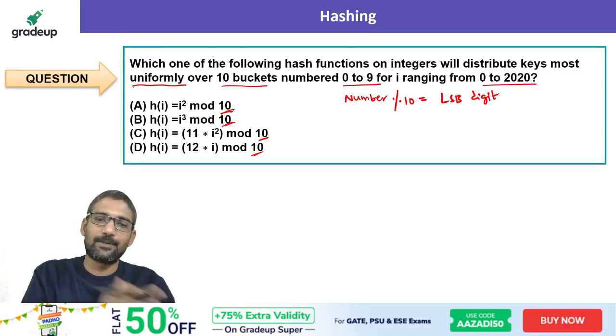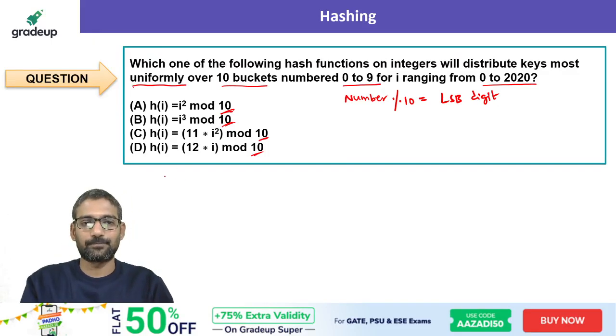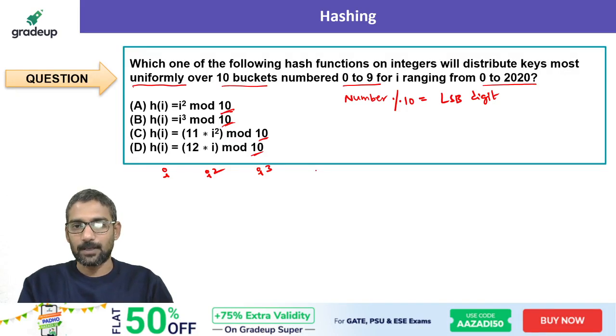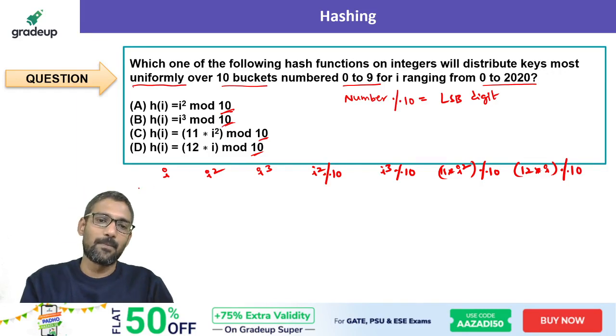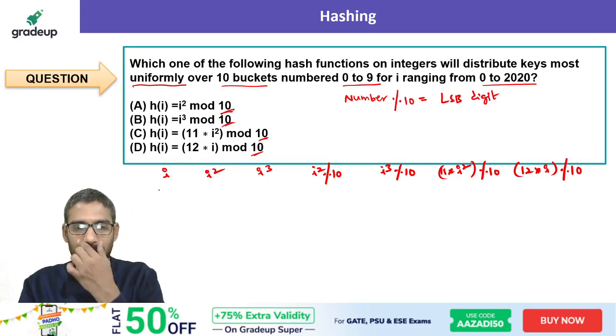Right? So here we have i square, i cube. Option A, that is i square mod 10; option B, i cube mod 10; option C, 11 into i square mod 10; option D, 12 into i mod 10. Now, what are the possibilities for i?